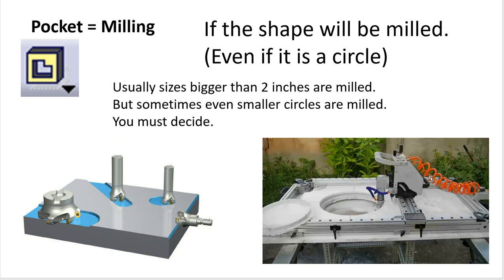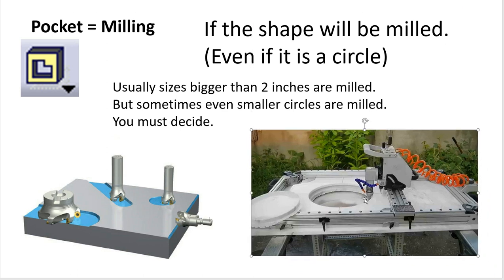Now you see here on the right this picture of a milling machine cutting a circular pocket. Okay. Now typically, these circular pockets would not be threaded. They're not considered counterbored or countersunk or anything like that. But the most important thing is they're cut with a milling machine.